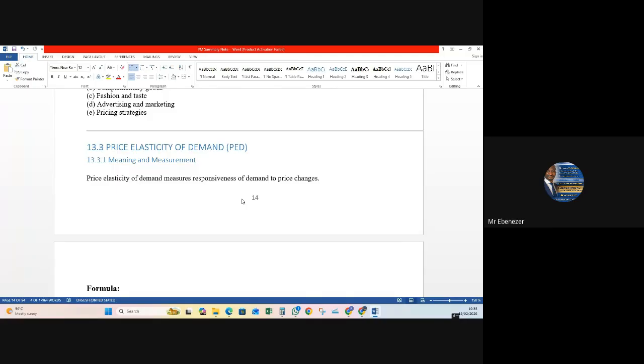The same percentage, that is unit elastic. 5 divided by 5 is 1, so it's unit elastic. If you increase your price by 5% and 10% of your customers stopped using your products, 10% as against 5% increase, that means it is elastic. But if you increase it by 5% and just 2% reacted to it, that means it's insignificant, right? That means it is inelastic.